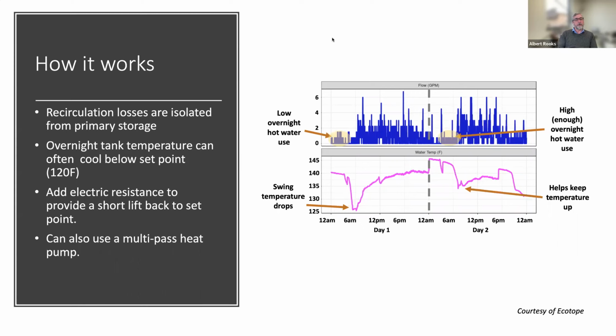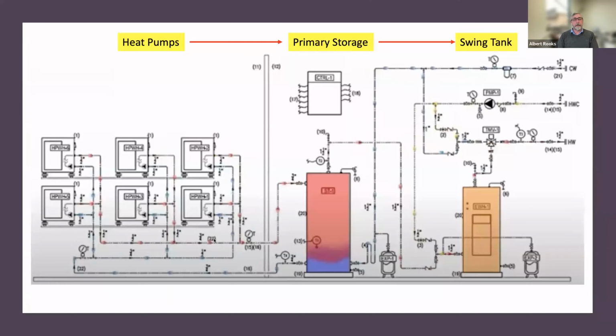As the load starts picking up, you can see the swing tank temperatures start increasing. And that's why we call it a swing tank. It's an isolation tank, but we call it a swing tank because those that are watching these things and designing them are essentially going to watch the temperature in the tank go through these wild swings depending on what the recirculation losses are.